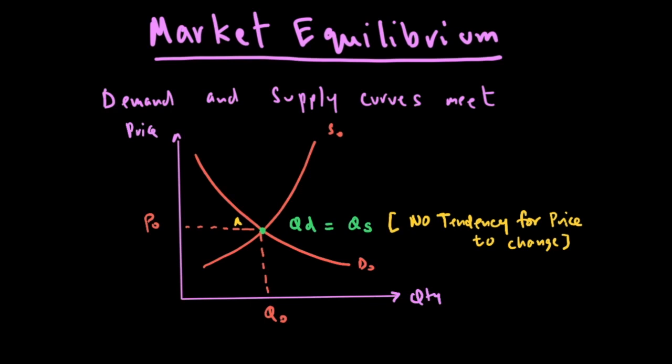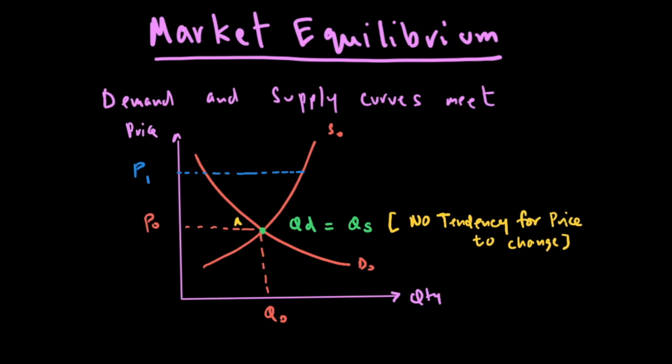Now, we can show this. What if the price is not P naught, but let's say P1, which is above equilibrium? Is this also an equilibrium price? The answer is no, it's not an equilibrium price, because QD is not equal to QS.